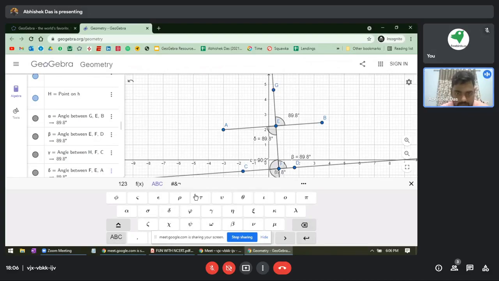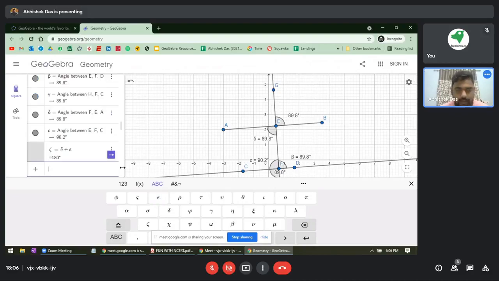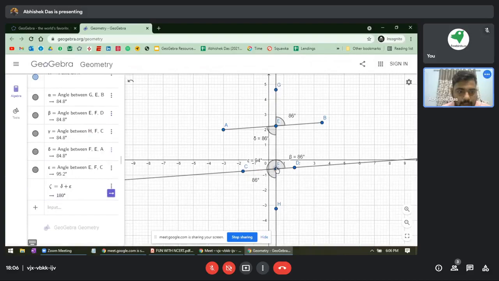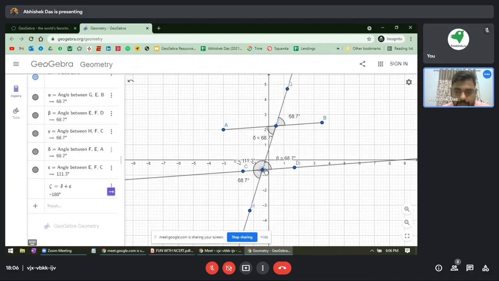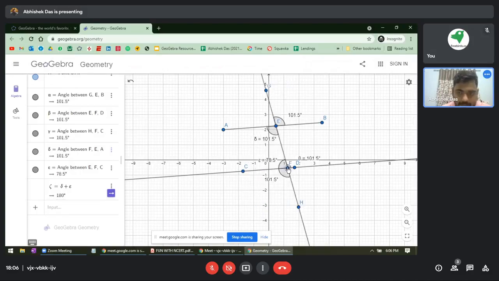Delta plus epsilon is equal to 180 degrees. I can move around this point. You will see that delta plus epsilon is always equal to 180. Right? So the interior angles on the same side of the transversal form a pair of supplementary angles.